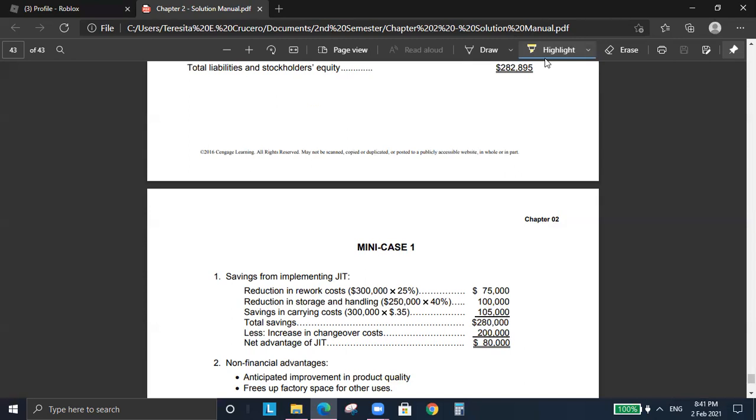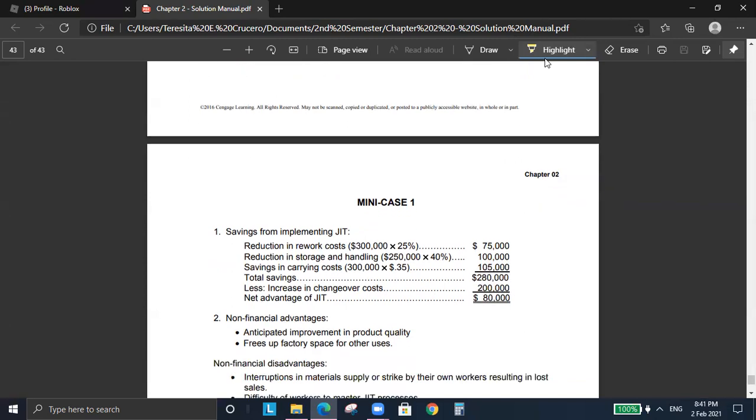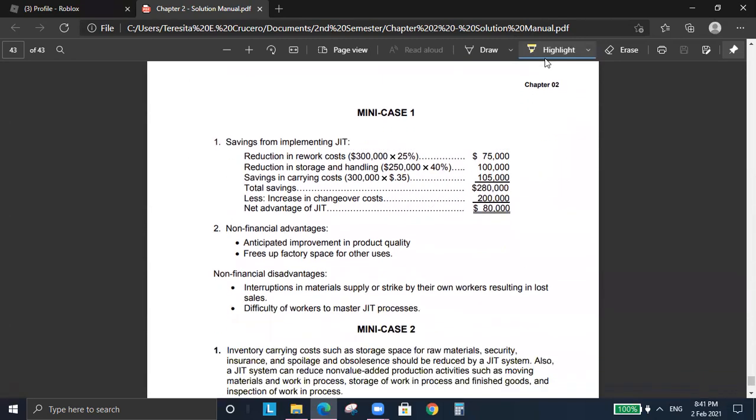Now we have to understand that if you adopt the JIT system, you will have a reduction of the inventory in the warehouse because, as mentioned, the materials that will be used in production will come directly from the supplier. So, requirement number 1, what is the estimated financial advantage or disadvantage of changing to a JIT system?